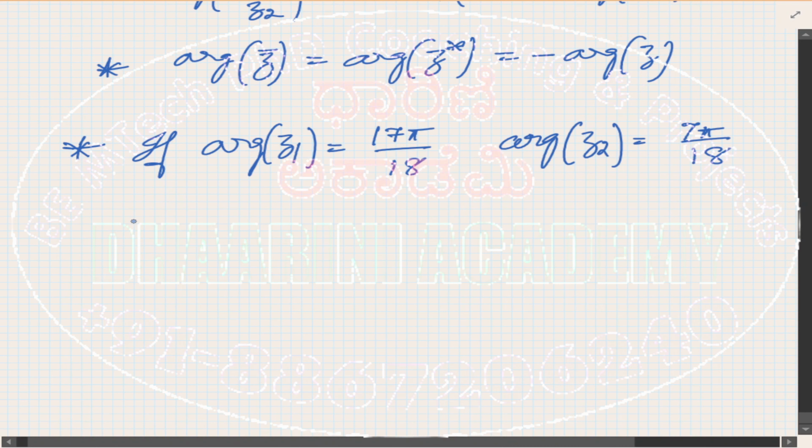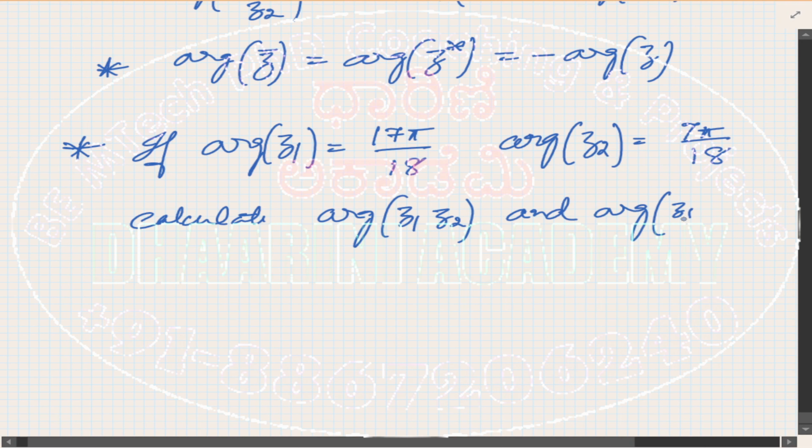Right, so first let's calculate arg Z1 Z2 and arg Z1 by Z2.